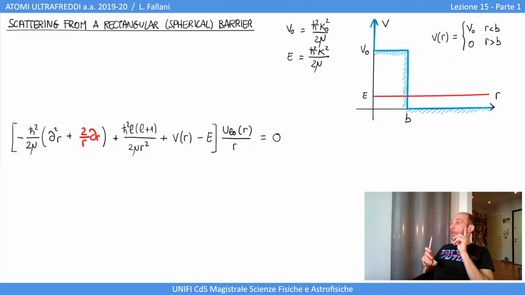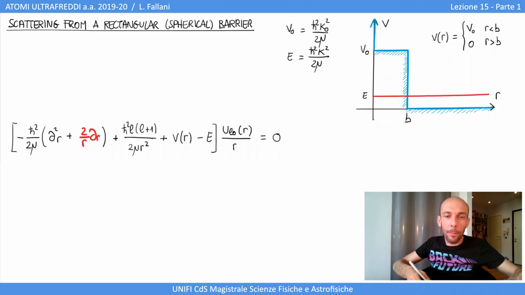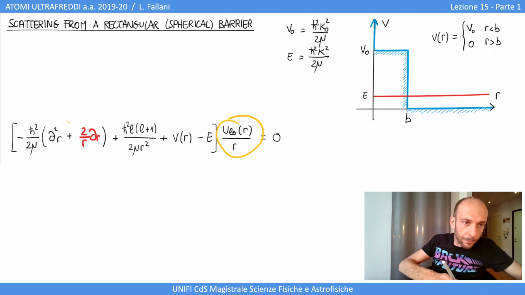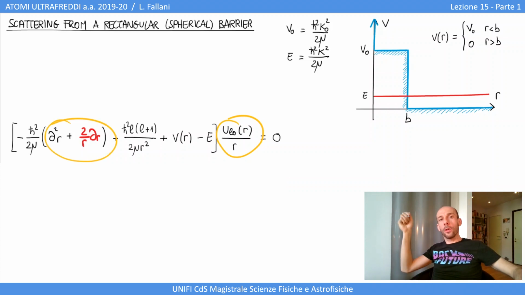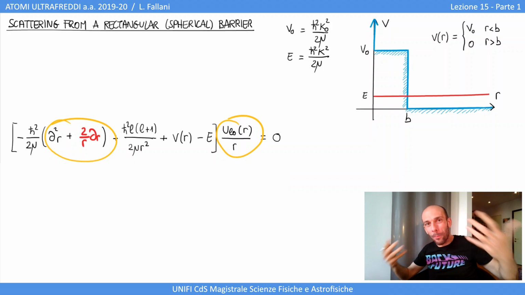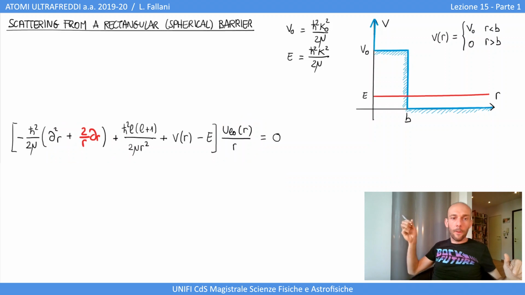And so in particular, you know from the solution of the hydrogen atom, for example, that you write the wave function as this reduced wave function u divided by r, because if you expand the calculation and let these differential operators act on u divided by r, everything is much simpler, because you end up with what we can call, in a more correct way, the radial wave equation, that is this equation.